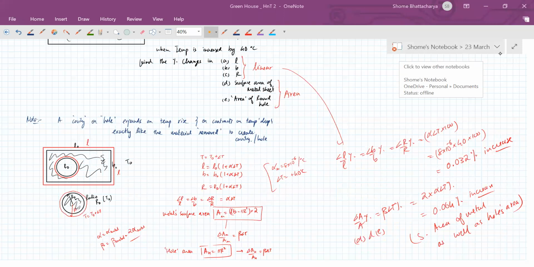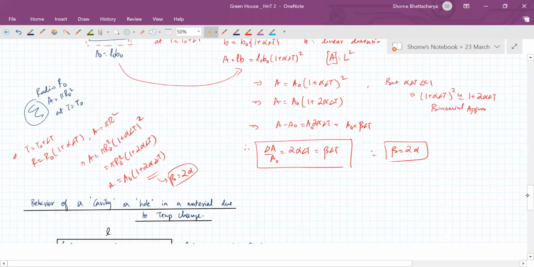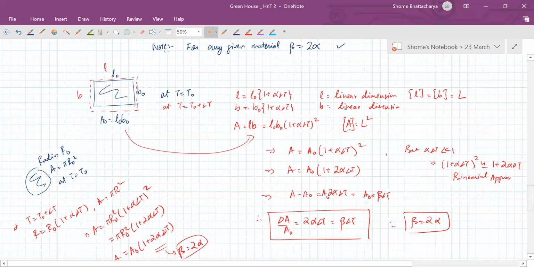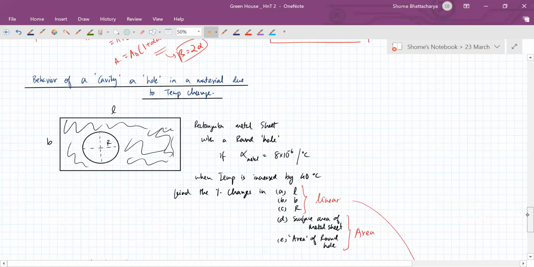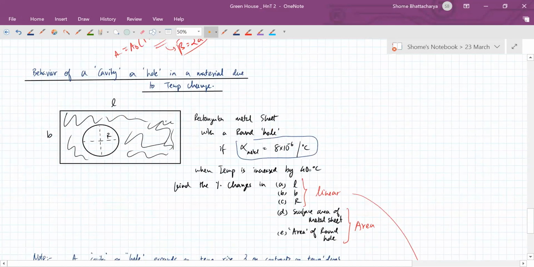We will see what is happening. The coefficient of linear expansion of the metal is given to us in the question as this value, and the temperature is rising by this much.